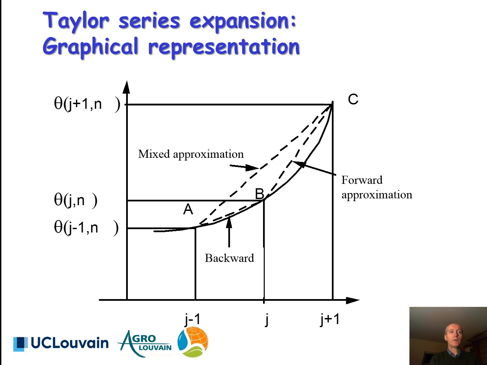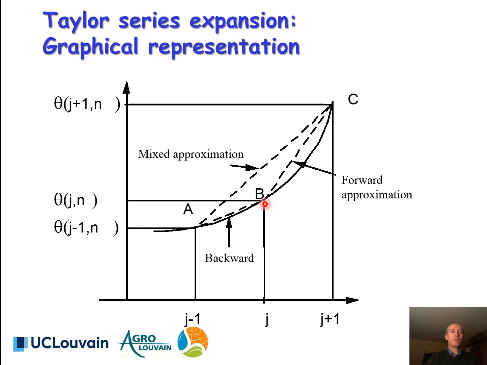Graphically, we can represent the three previous solutions as follows. We have a continuous space theta x, and we aim at evaluating the spatial derivative at a given point g. We therefore look for approaches that evaluate the slope of the continuous curve at point g, because that's what the spatial derivative is doing, calculating slopes of continuous functions.